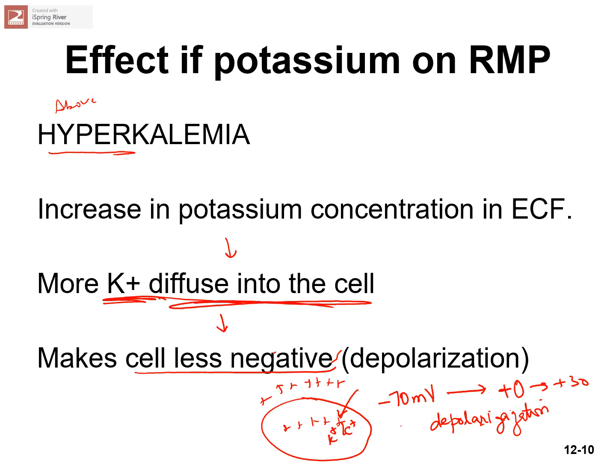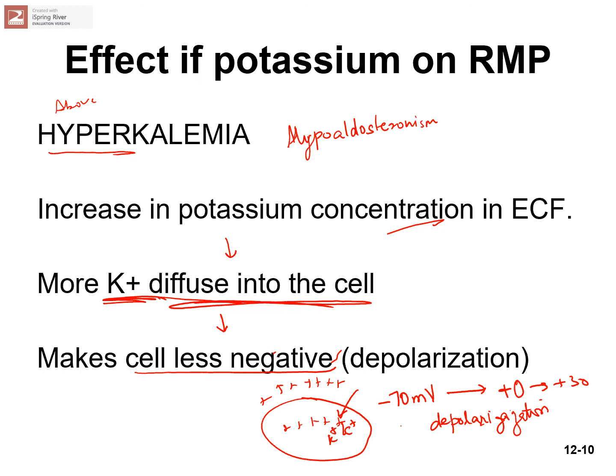And the other condition that causes hyperkalemia is hypoaldosteronism. Hypoaldosteronism causes your kidney to retain too much potassium.